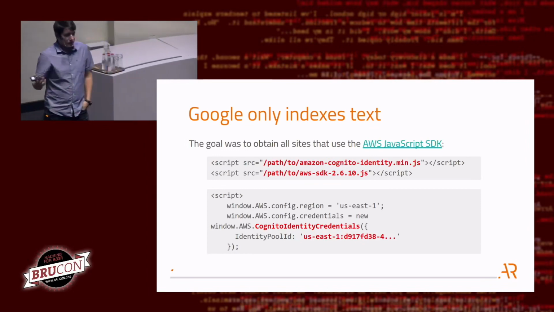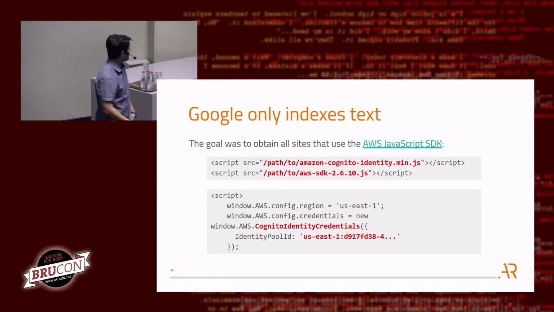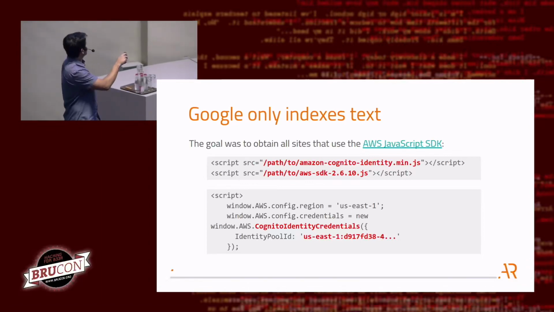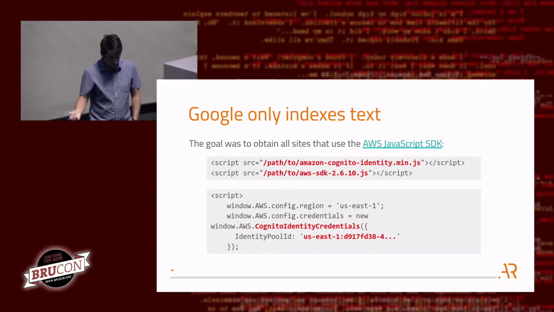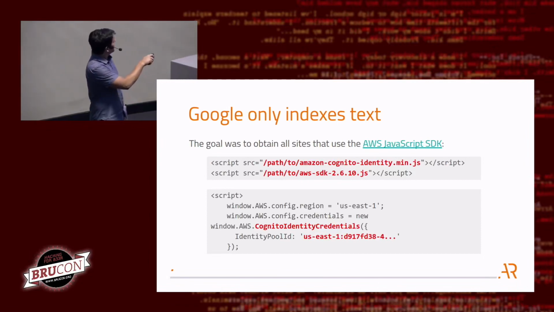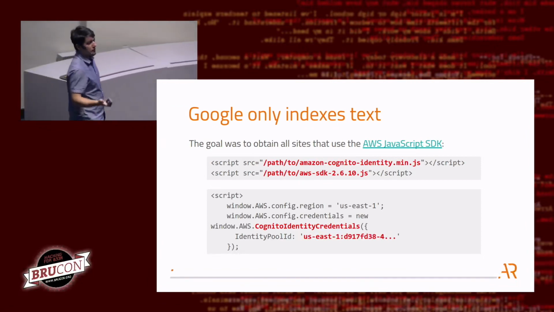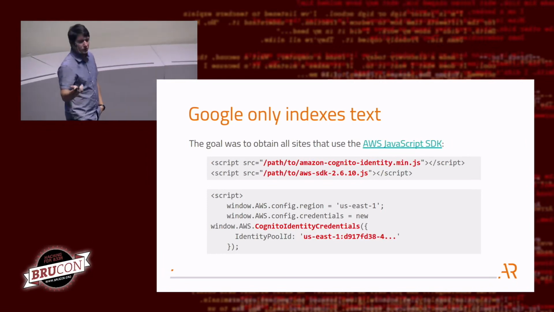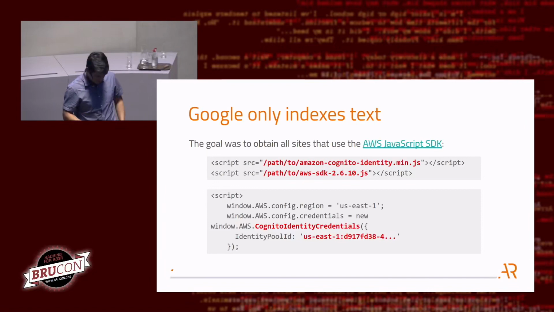So the first thing that I thought about was Google. Let's Google one of the strings that's commonly used in applications that use Cognito. The thing is that when you search for this in any search engine, you're going to find forum posts where developers complain that this service doesn't work.